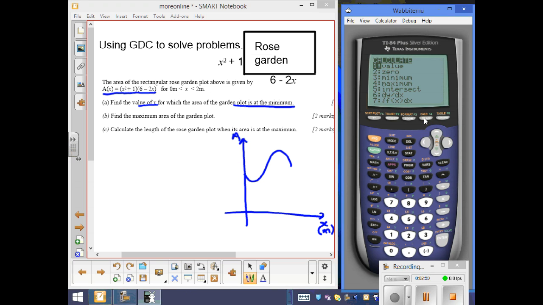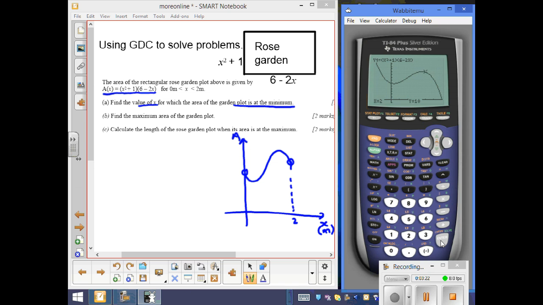Calculate, I want the value, number 1, value, and put in 2, and enter. So 2 is somewhere around here. It goes from 0 to 2. In fact, it doesn't include 2, so it has to be an open bracket. Over here is an open circle, and here is an open circle, for example.